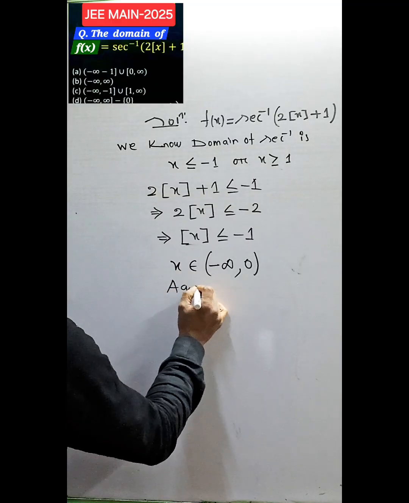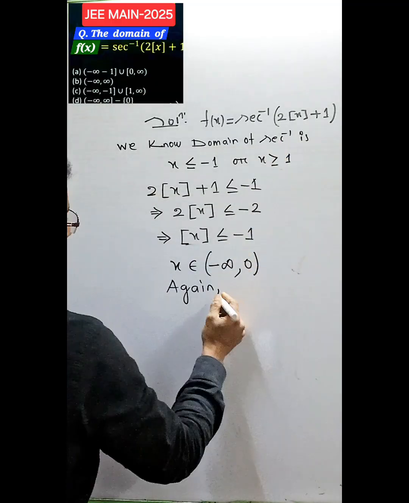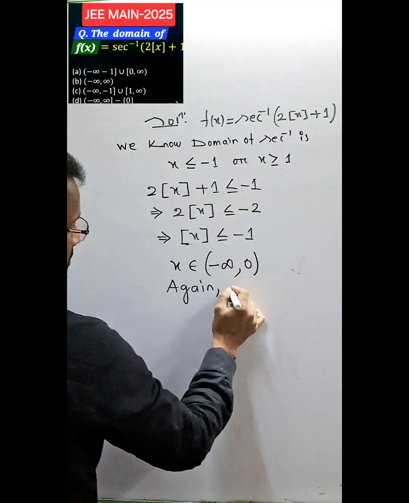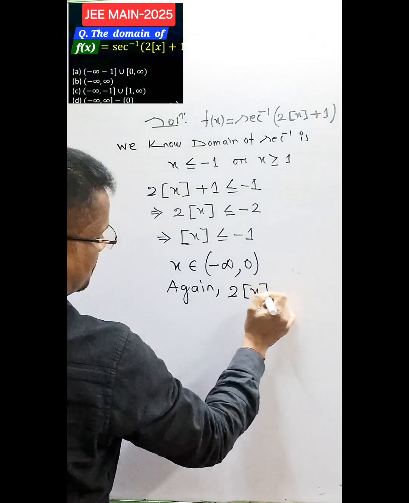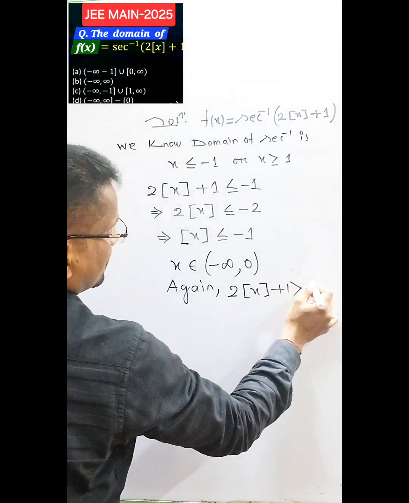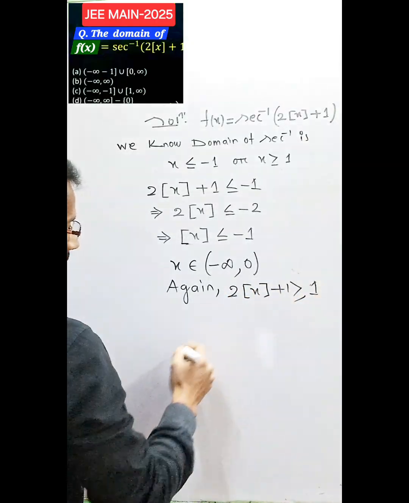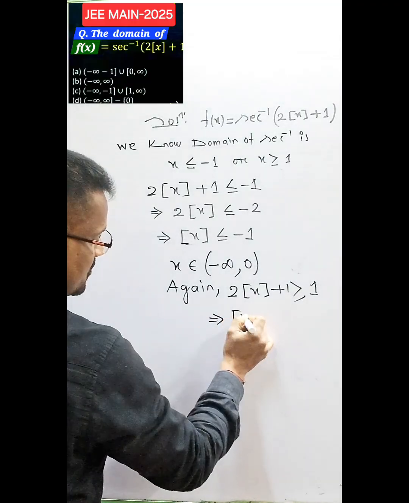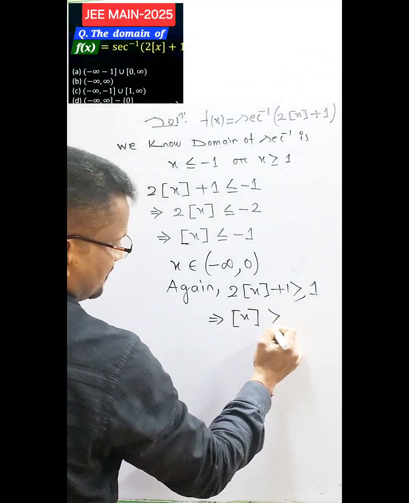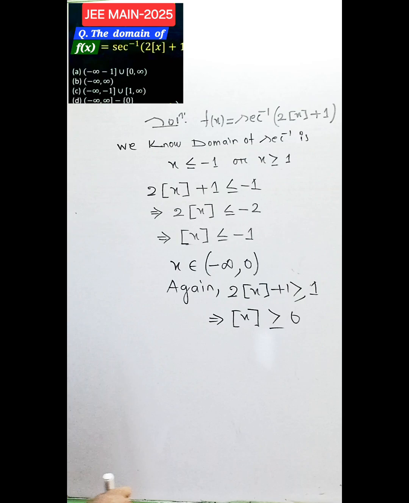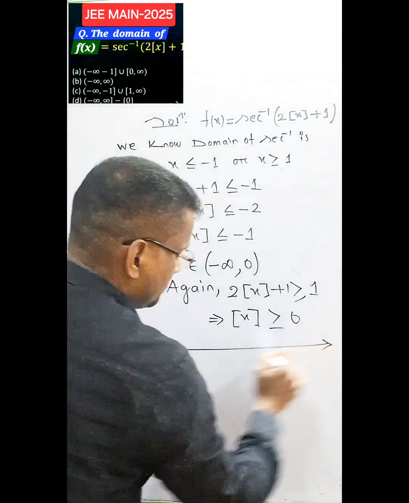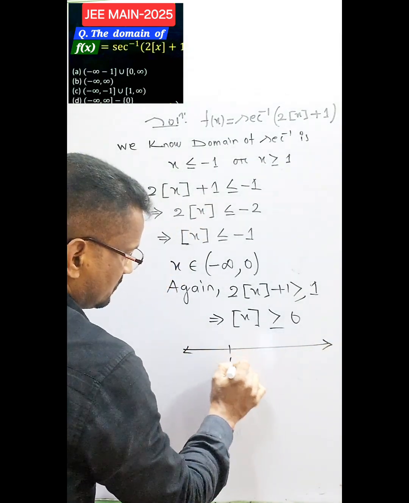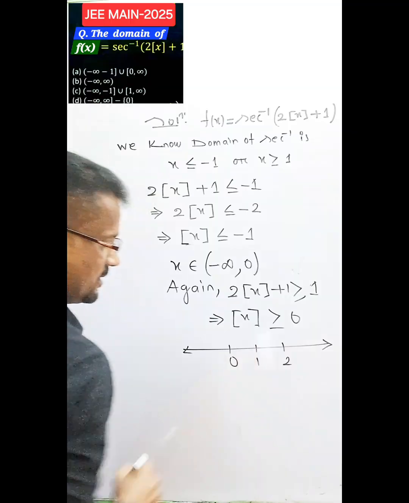Again, second one, let us apply this condition. Input is this much: twice of within box x plus 1 is greater than or equal to 1. So this will give you, if you simplify, within box x greater than or equal to 0. So this is the number line. Here it is your 0, 1, 2 like this.